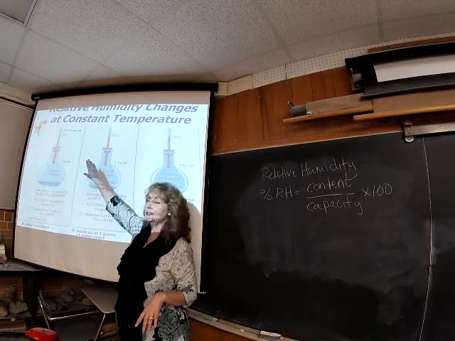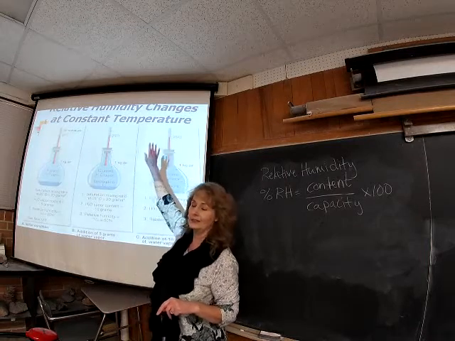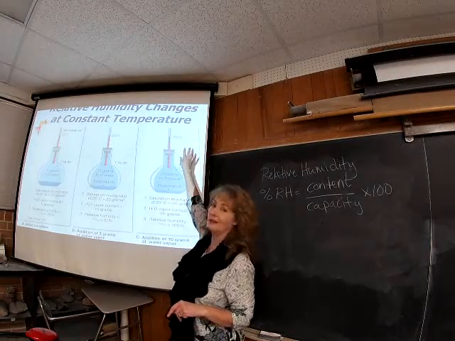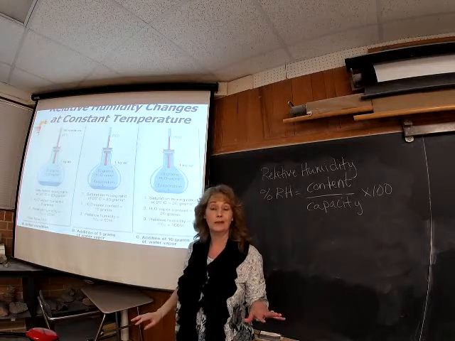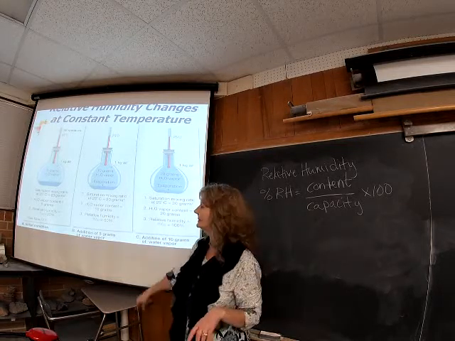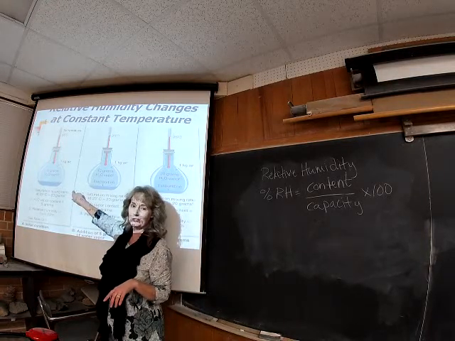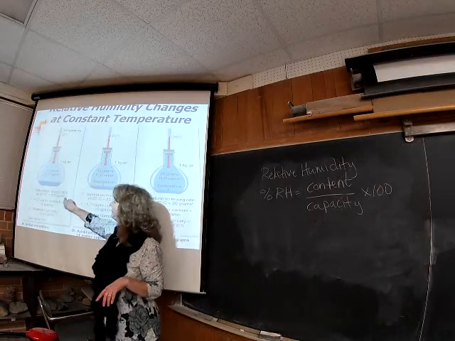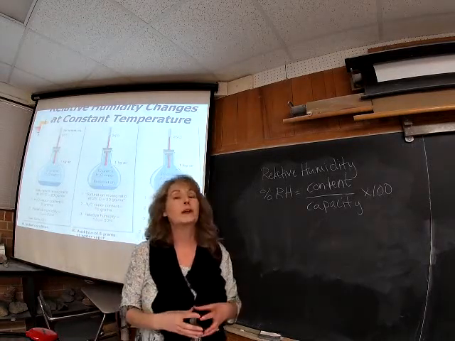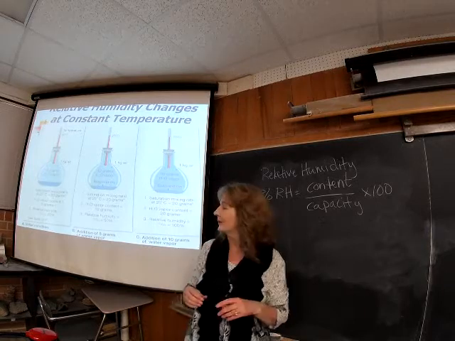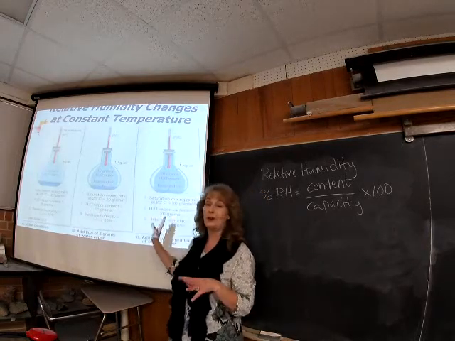Panel A, initial condition 25 degrees Celsius, B 25 degrees Celsius, panel C 25 degrees Celsius. So they haven't changed the temperature at all. Our capacity will stay the same. That capacity is called the saturation mixing ratio, right? At 25 degrees Celsius, air can hold 20 grams per kilogram of air. So 20 grams in each panel, that's all it can hold.